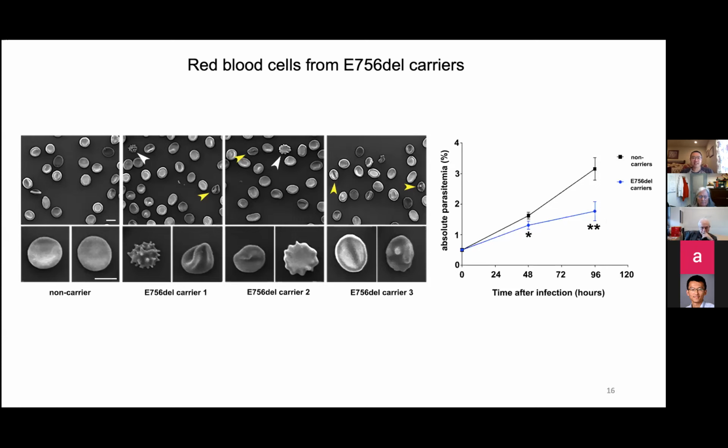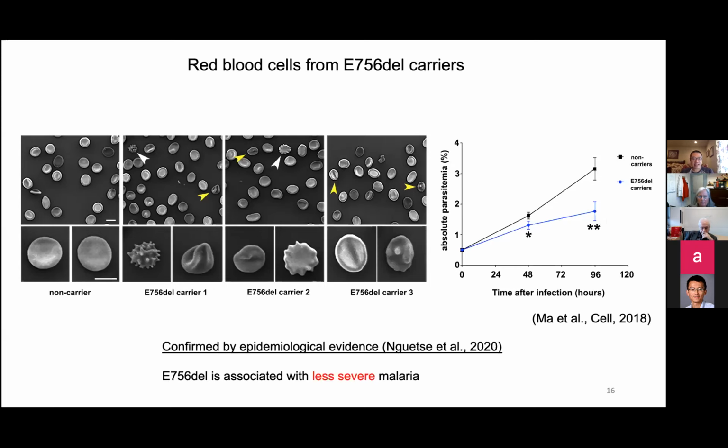This is consistent with our hypothesis. And importantly, last year, an independent report confirmed our result with epidemiological evidence, suggesting that the E756del gain of function allele is associated with less severe malaria in a cohort of African children. This provides important support for our central hypothesis.